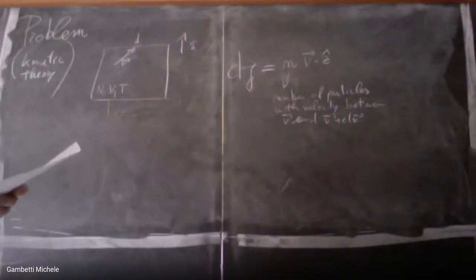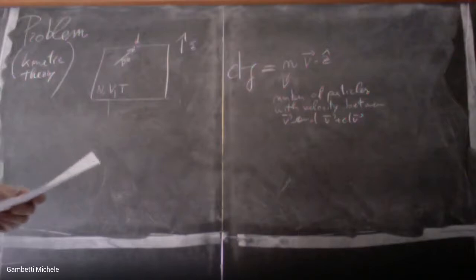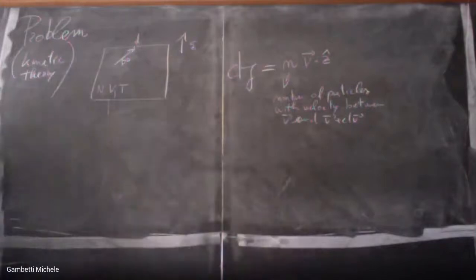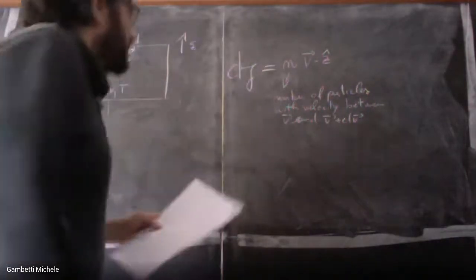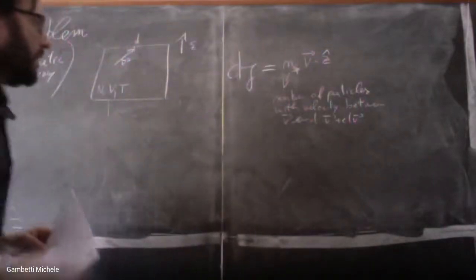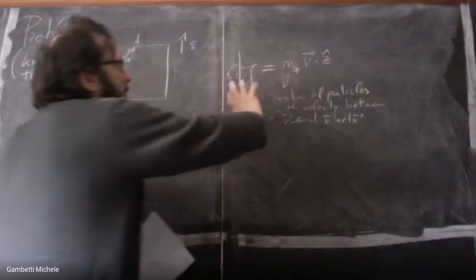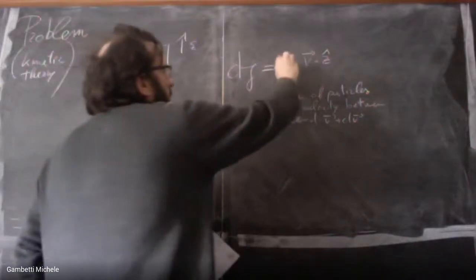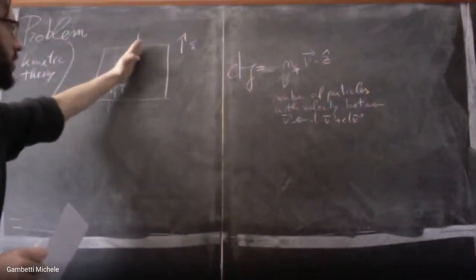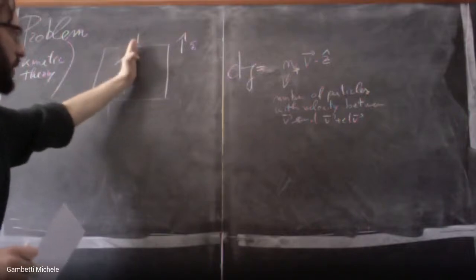Maybe it's better to write directly the formula. Maybe it's more clear. Sorry, it's the first time that I do it, so I need to see which is the better way to explain this. Let me call this MP. Somehow dimensionally, v scalar z provides the component which is necessary in order to compute the flux of particles going outside.